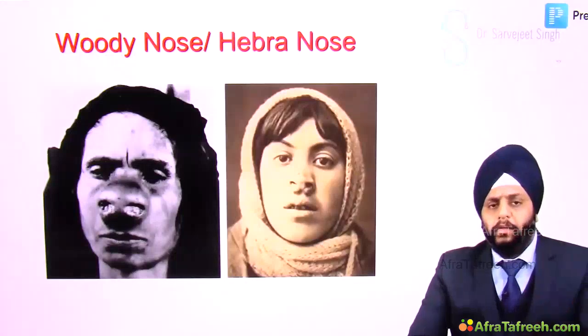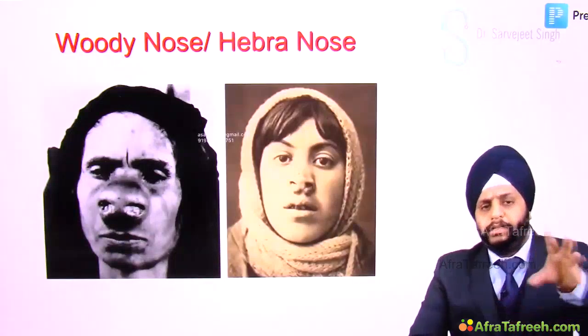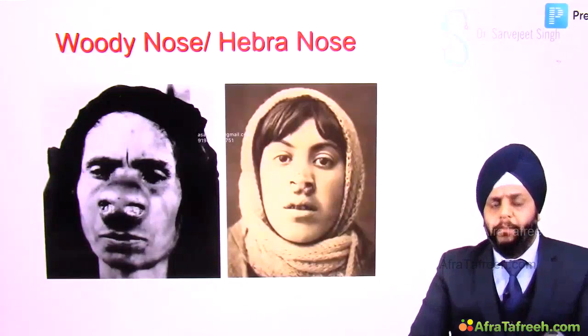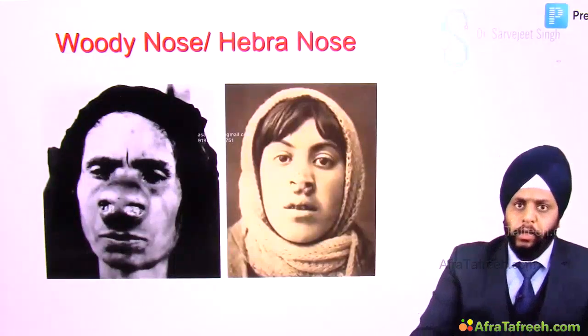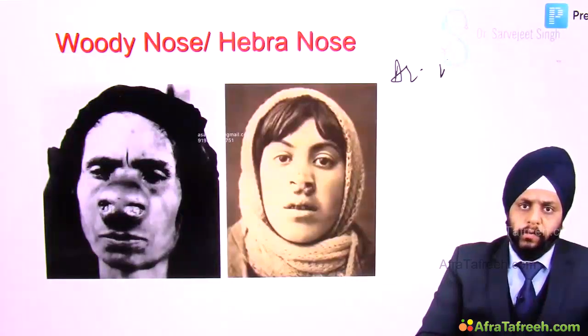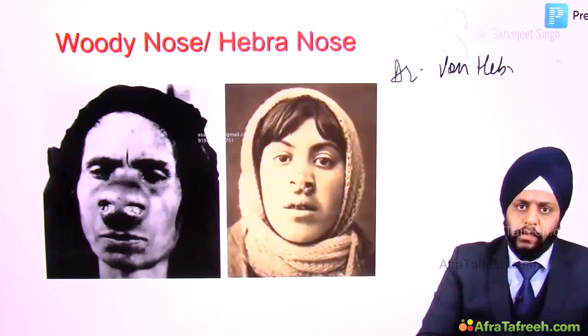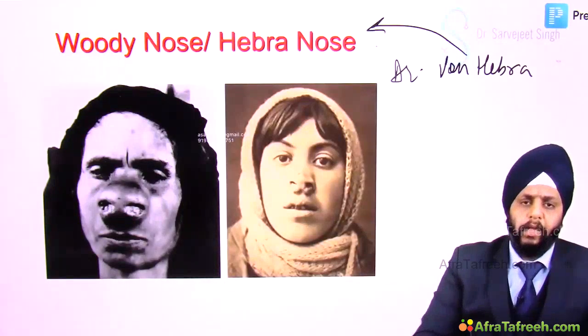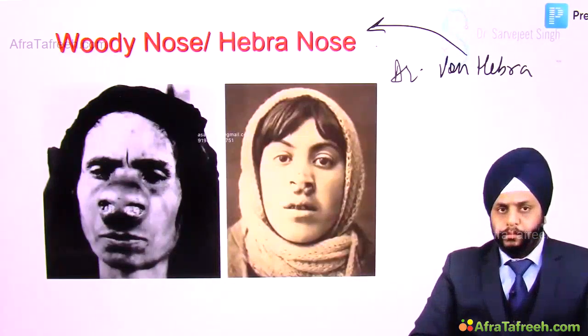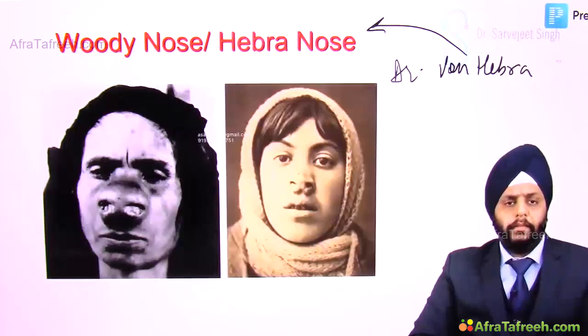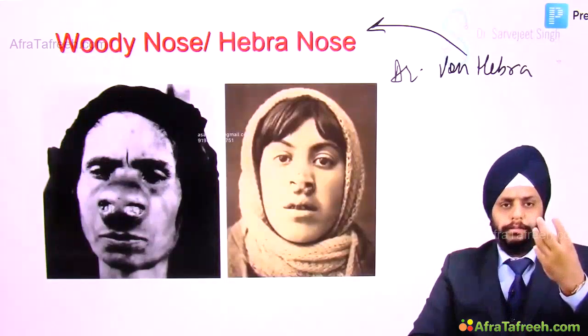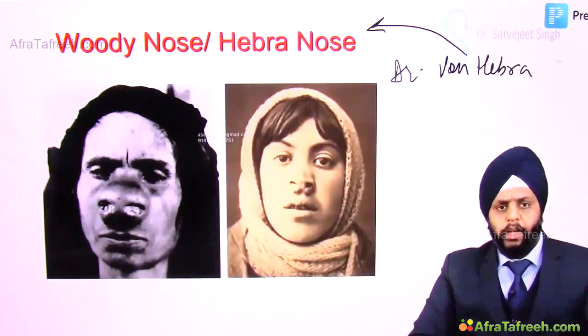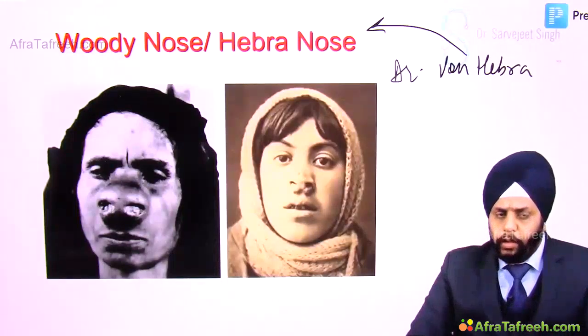This condition, all these three stages, were first described by Dr. von Hebra. So with respect to his name, this disease has also been named as Hebra nose. Right? The nose is protruding forward. Okay, you can see over here, the nose is protruding forward.